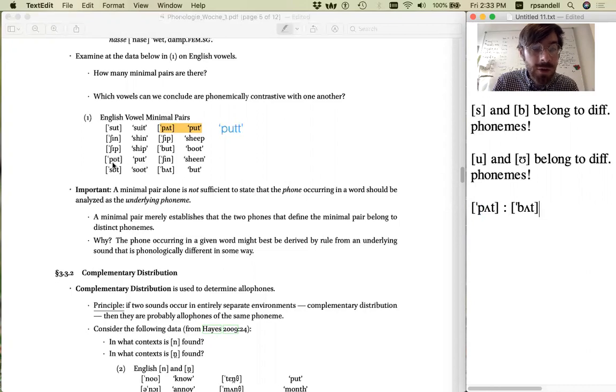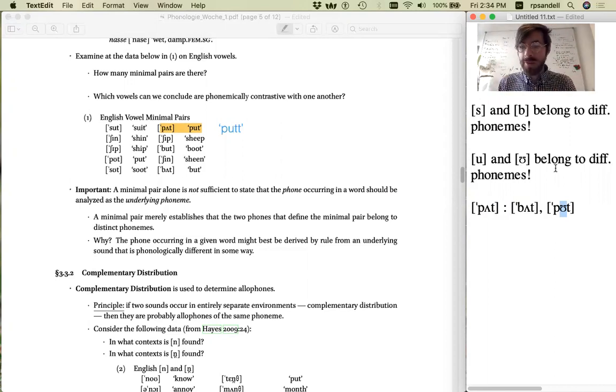So for instance, and then also of course put, there we have a different vowel. We have the same consonants in the word, but a different vowel. Here we have the central lax vowel in but, in contrast to the high back lax vowel in put.